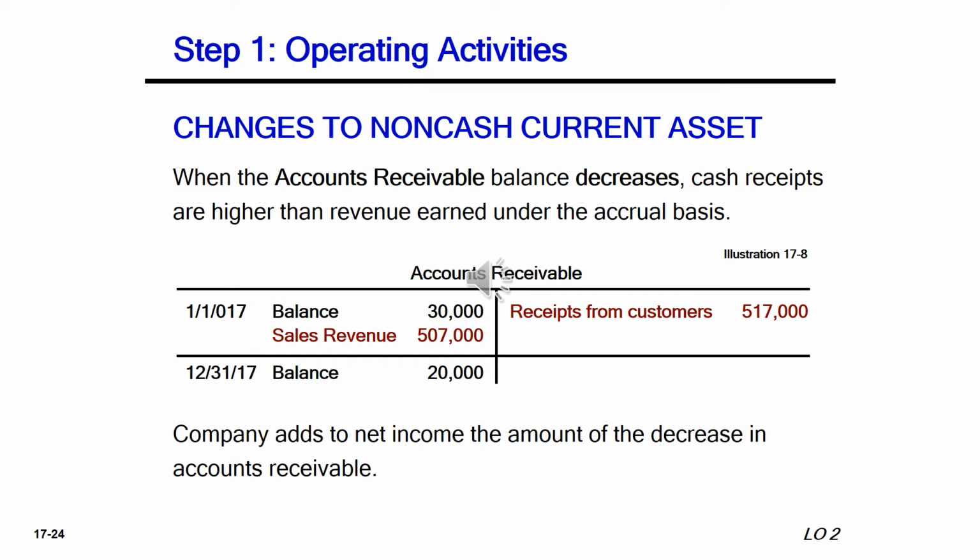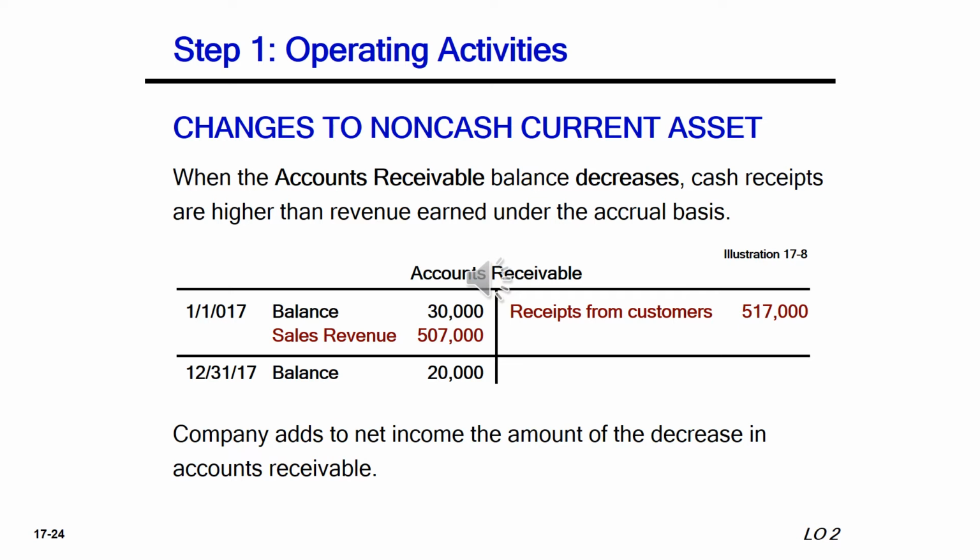Then let's see how we deal with changes to non-cash current assets. So when the accounts receivable balance decreases, the cash receipts are higher than revenue earned under the accrual basis. Here we have an illustration that shows you the ledger account that relates to the accounts receivable account and its balance.